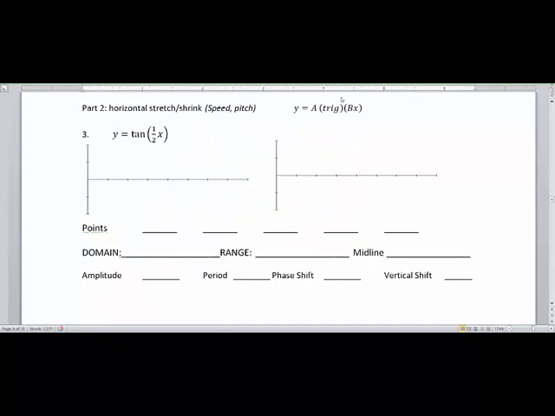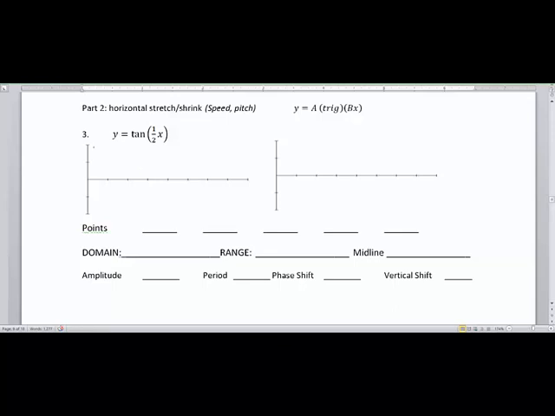So to round out this video here, we are going to do 3 examples of changing the period. And for the last example of this set, we're going to also affect the amplitude. So let us work with our first period change of tangent.